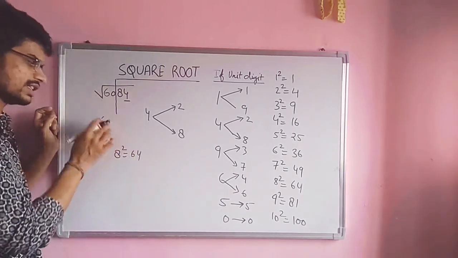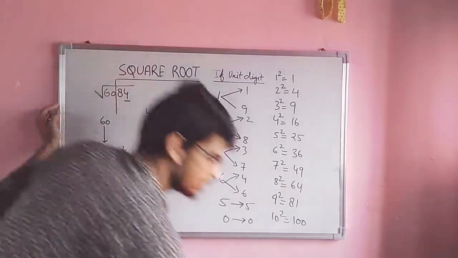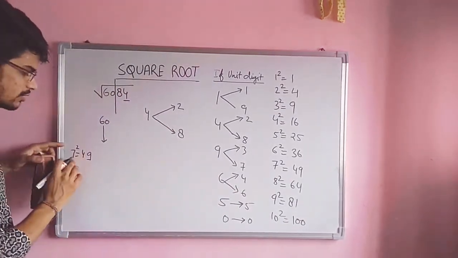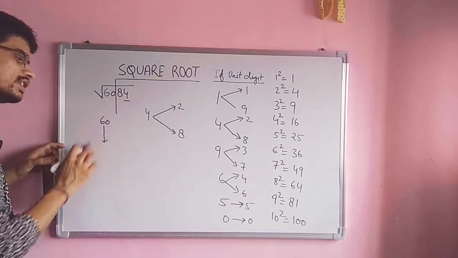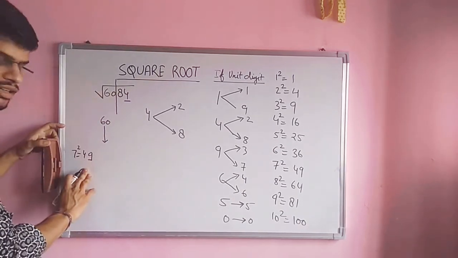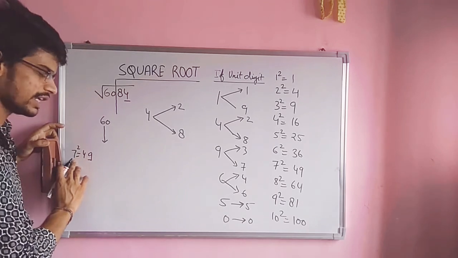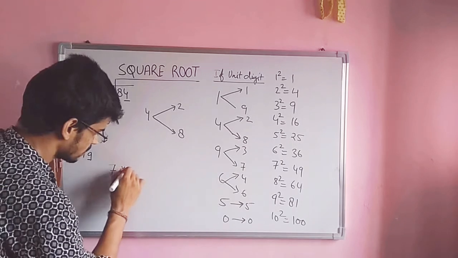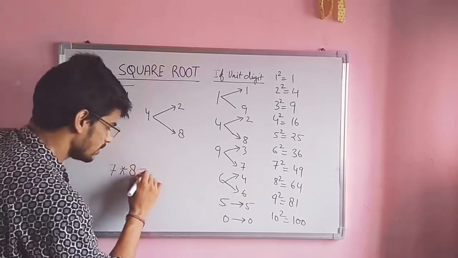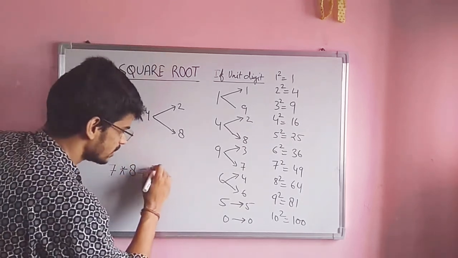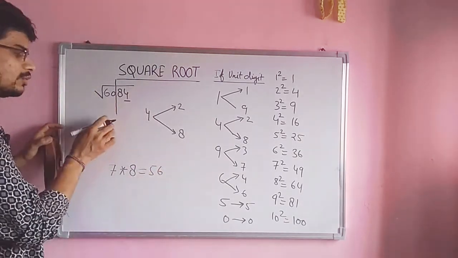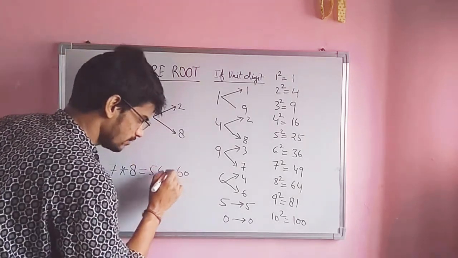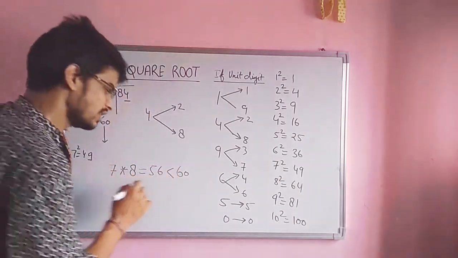Now 64 is greater than 60, that's why it's left by us. 7 square is 49, that is below 60, that's why we take the tens place as 7. Now multiply 7 by its successor, 8. 8 multiplied by 7 is how much? That is 56. Now compare this value with 60. 56 is lesser than 60.